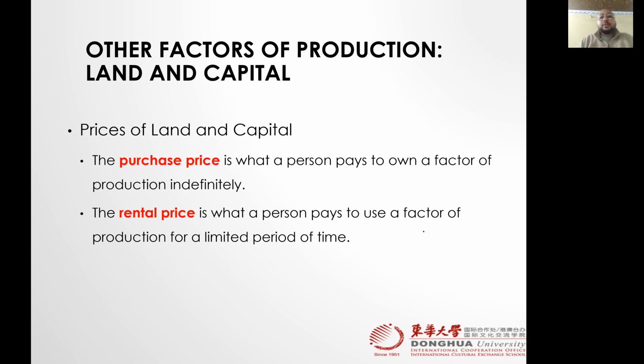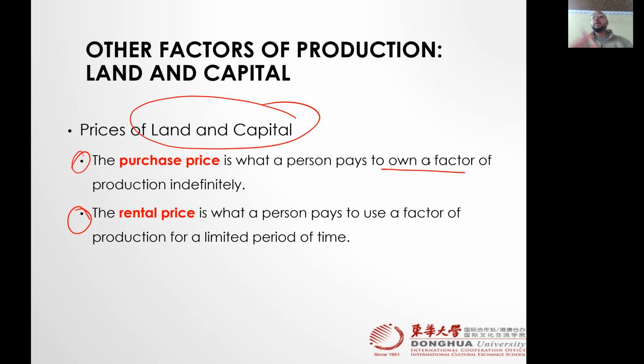Now, the price of land and capital. Some firms purchase their machinery, but some firms lease it for rental purposes. So we have two kinds of prices: the purchase price, in which a person pays to own the factor of production, in which ownership is transferred, meaning the ladders and trucks belong to that company.